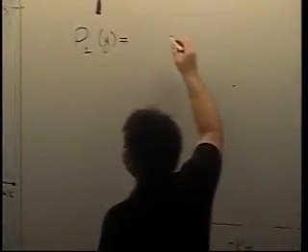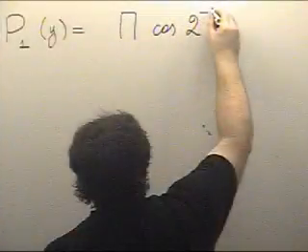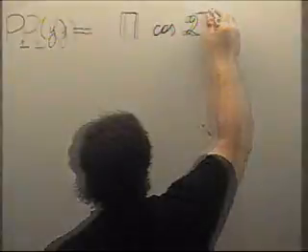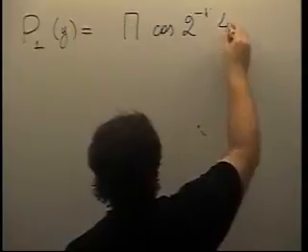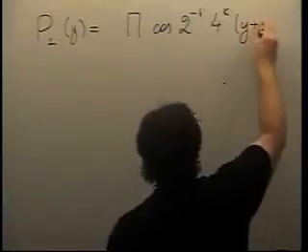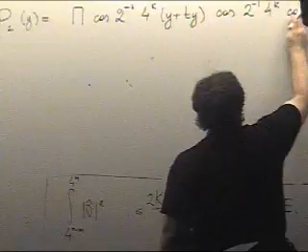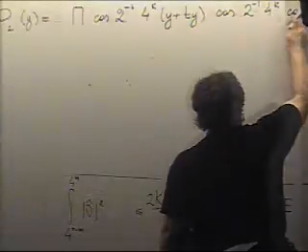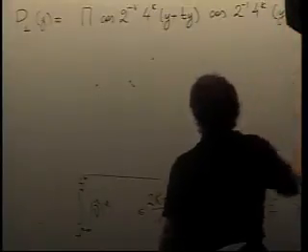Sum of cosines is twice the product of cosines, so P1 is basically the product of cosines of 2 to the power minus k minus 1 times 4 to the power k y plus ty, some angle, cosine 2 to the power minus 1, 4 to the power k, y minus ty, difference angle. That's just elementary trigonometry. And you want to say that this thing is not very small.